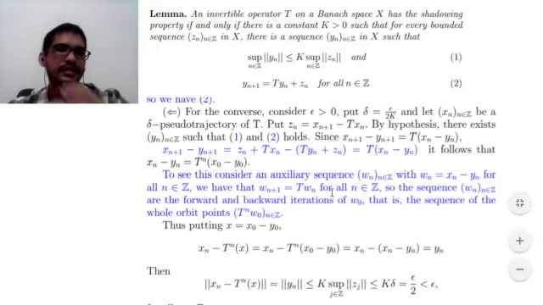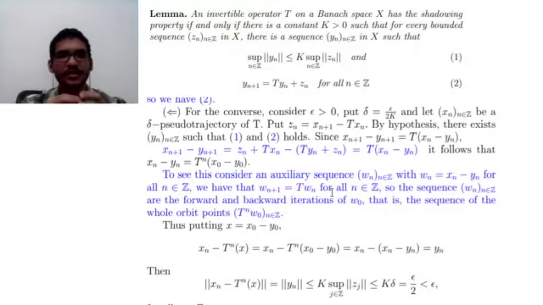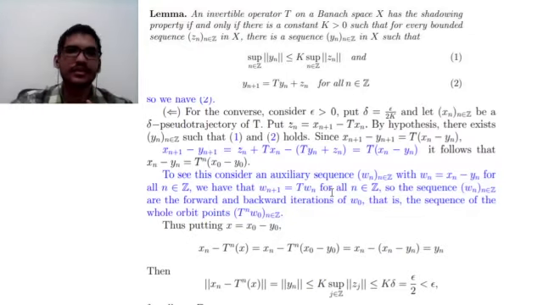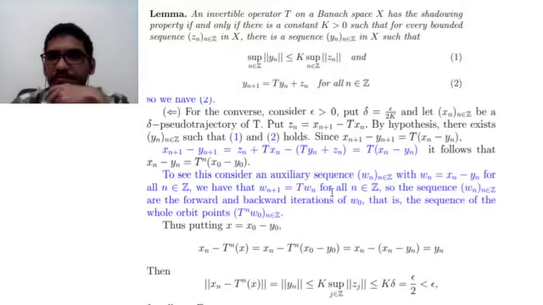So it is like a chain: you have one element of the sequence, and the next one is T of the previous element. So it is an orbit.